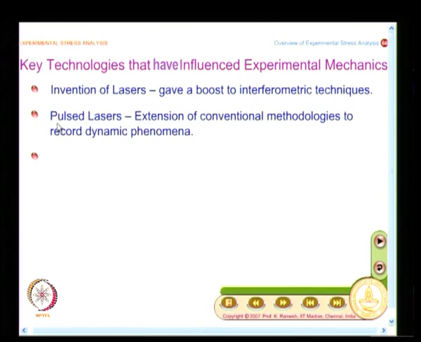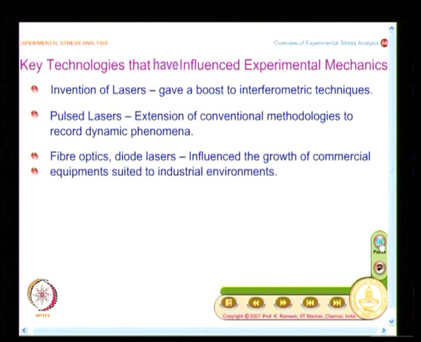Even in a dim lit condition, if I have long exposure, I can record. When I want to record a dynamic phenomenon, there has to be a perfect match between the amount of light available and the shortest time that I want to record. So, they go together, and pulse lasers are very intense and you could achieve some of these advantages. So, pulse lasers have helped in recording dynamic phenomena.